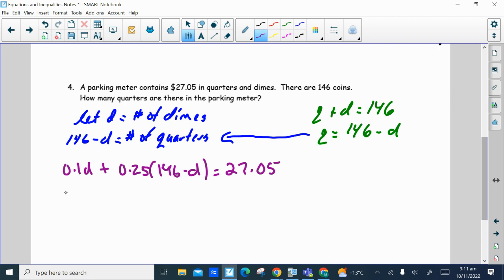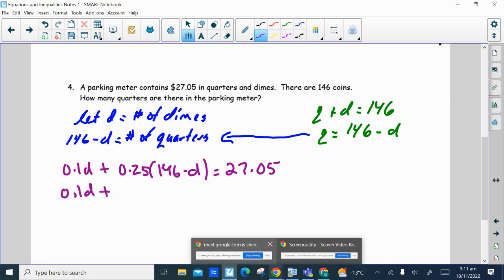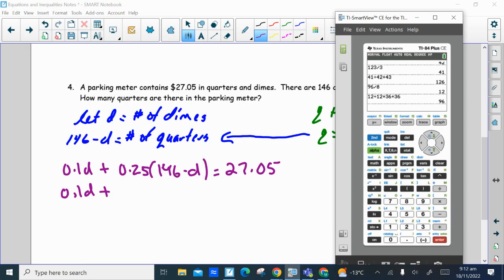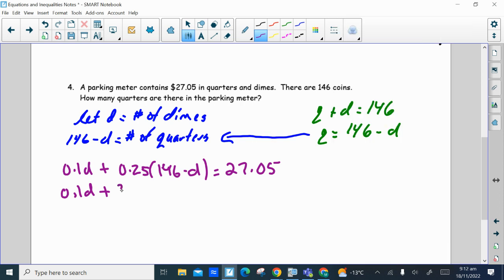First, we will simplify. I'll multiply out the brackets. So 0.25 times 146 is 36.5 minus 0.25D. Right, I multiply both terms inside the bracket by 0.25. That equals 27.05.